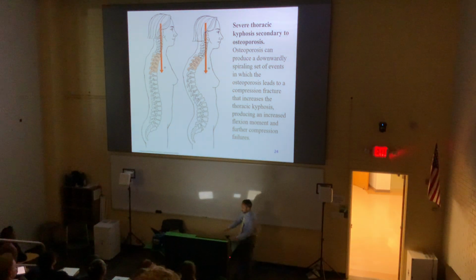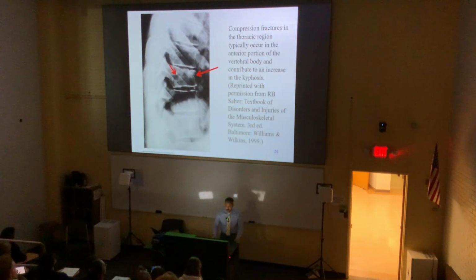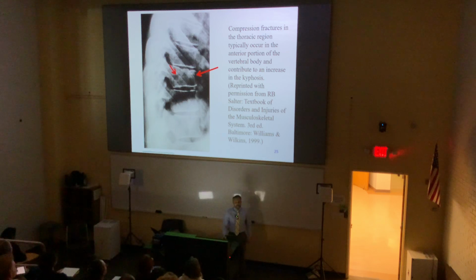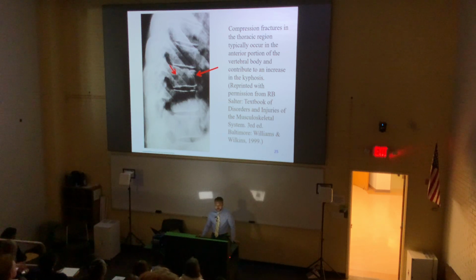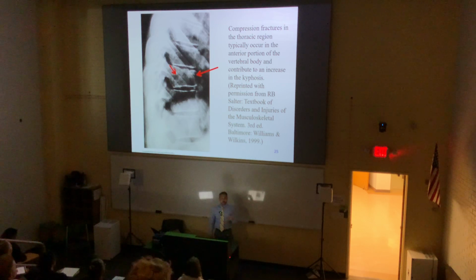Okay, for this next slide, I want to actually show this radiograph. And these are compression fractures of the thoracic region that typically occur in this anterior portion of the vertebral body due to an increase in severe kyphotic angle and underlying osteoporosis.